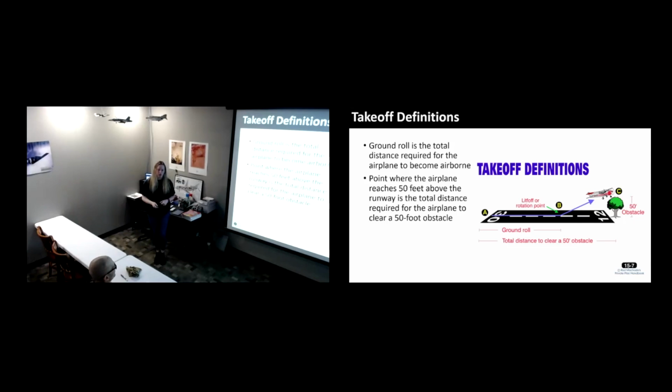It'd be nice to know that before you take off, right? So we just put an imaginary obstacle, and the total distance at the point that you would clear a 50-foot obstacle is our takeoff distance. Usually a short field procedure in a chart, and we'll talk about that.